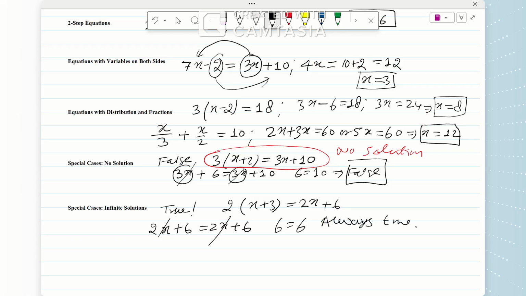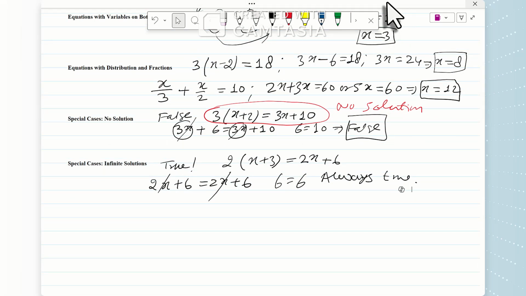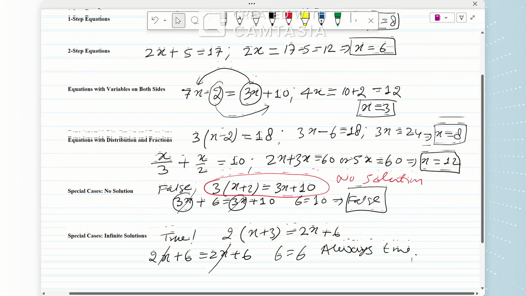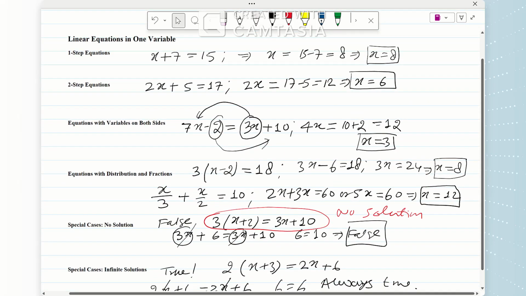Okay, so when you have special cases like these, you can verify this by simplifying it, and if the resultant is false, then there is no solution, and if the resultant is true, then there are infinitely many solutions. Okay, so today we have seen linear equations in one variable.